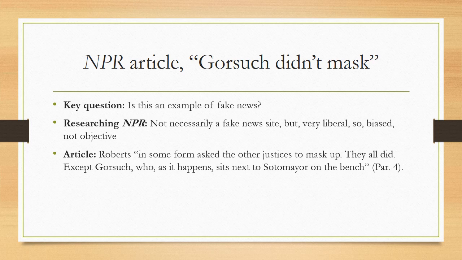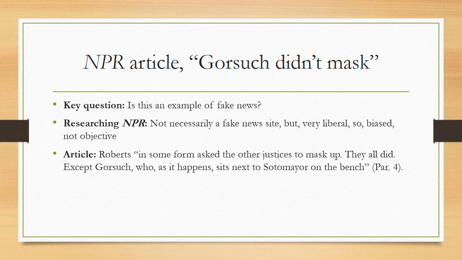And then they claim that when Roberts, the head judge, asked all the judges to do this, Gorsuch, one of the judges, did not mask up. And Sotomayor, who sits next to him and is high risk, went and teleworked from her chambers. So this is the claim.